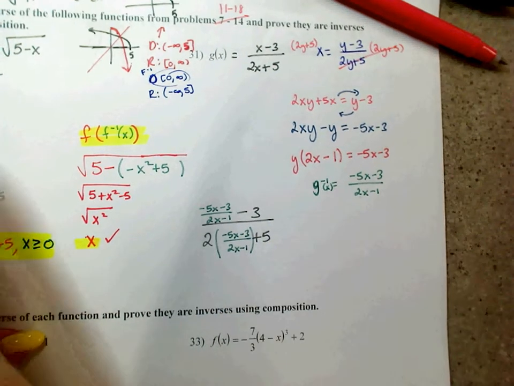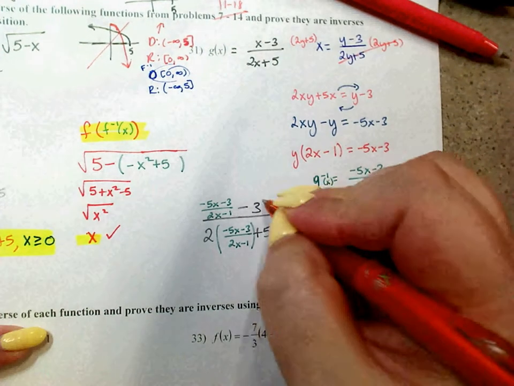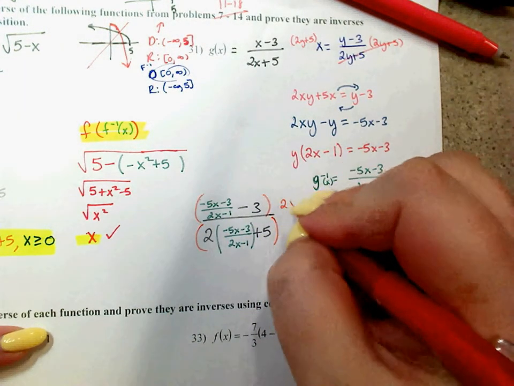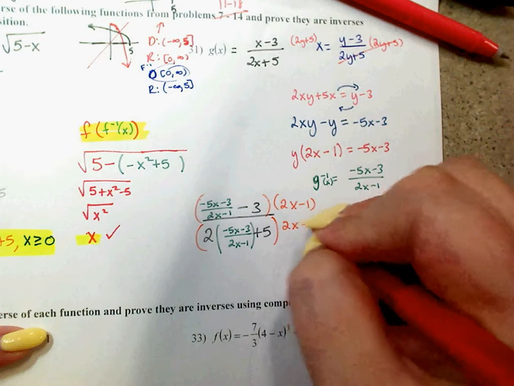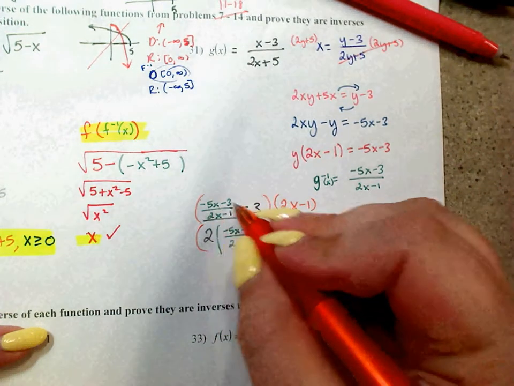Now, on the previous page, I worked it out by finding a common denominator in the numerator and denominator. And this one, I'm just going to multiply numerator and denominator of the entire fraction by the common denominator, 2x minus 1. Okay. So 2x minus 1 times all of this.